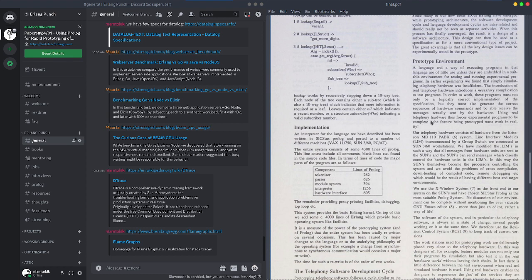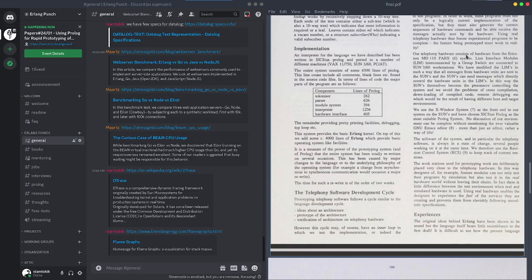Using real telephony hardware forces this experimental program to be complete; the feature being prototyped must work in reality. This part is great.